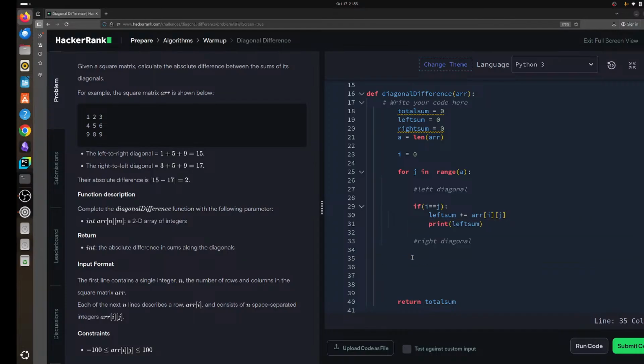Let's come out of the loop for this, because this will be constant, right? That means I'm thinking, let's consider the rightmost element equals arr of 0 and a minus 1, correct?